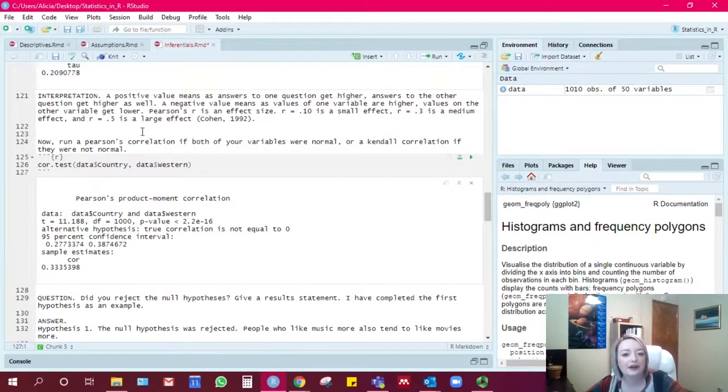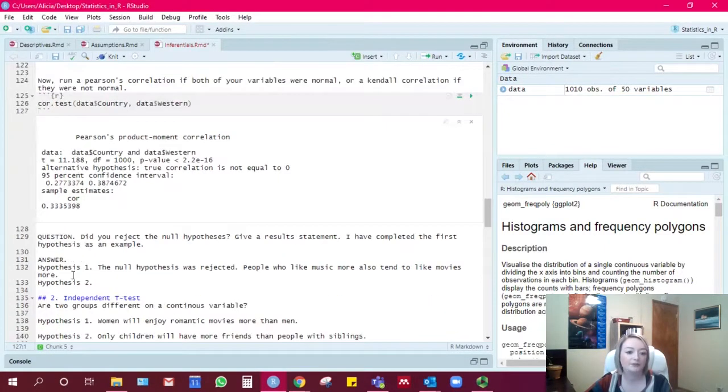So if you look at our interpretation right here, that's about a medium effect size. So these were related a medium amount, and the p-value is much less than 0.05. Again, it's 2.2 times 10 to the negative 16th, which means that these are related to one another. So people who like country music more also tend to like Western movies more.